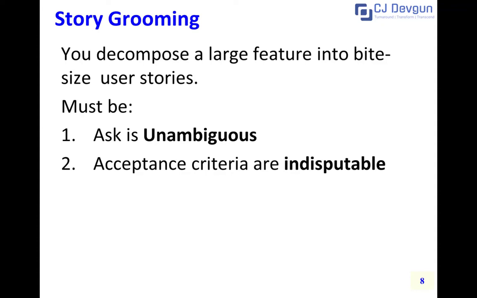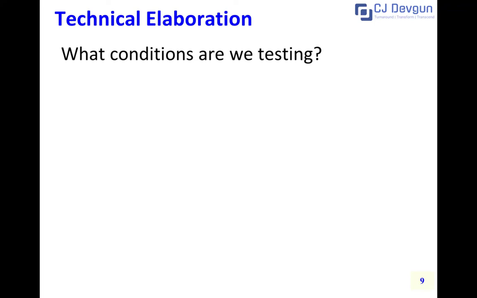Now, in the technical elaboration stage of the story lifecycle, you must include testers in technical design sessions. The reason being, it is important that the testers understand how they are going to test this application.